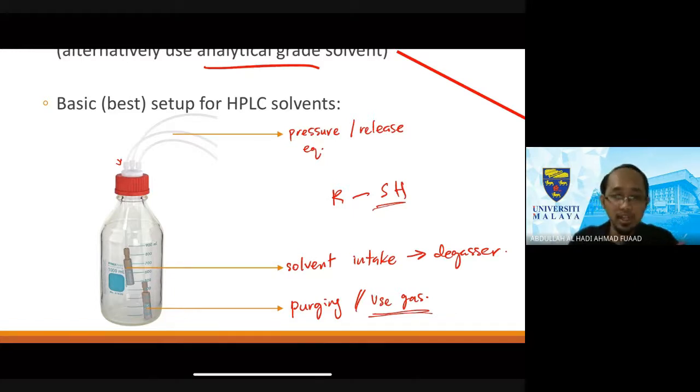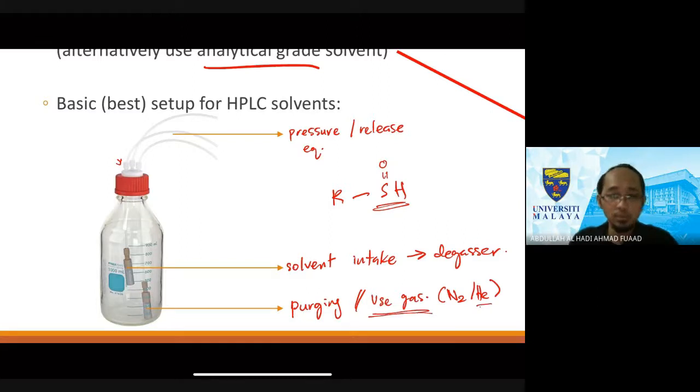It can oxidize forming a disulfide bond, or it can form a sulfoxide. So for purging gas, normally you will use either nitrogen or, better than nitrogen though not the most expensive, helium.